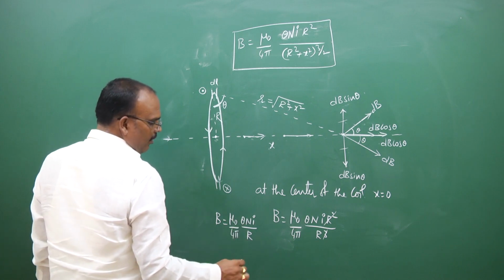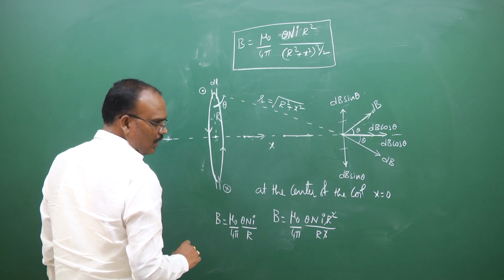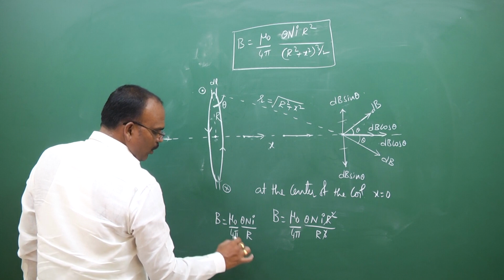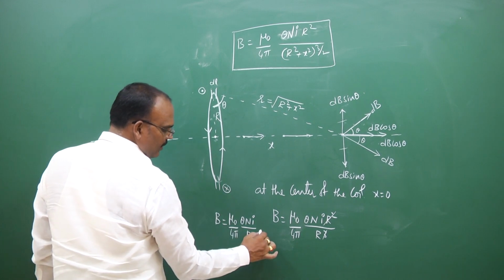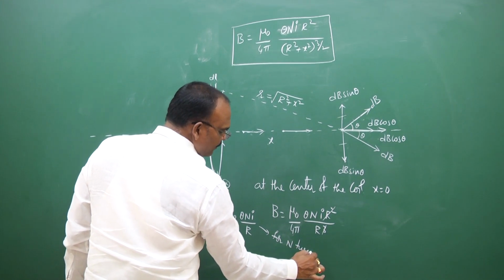See here, for one turn n value is 1. Theta value becomes 2π. So this is for n turns, this expression is for n turns.